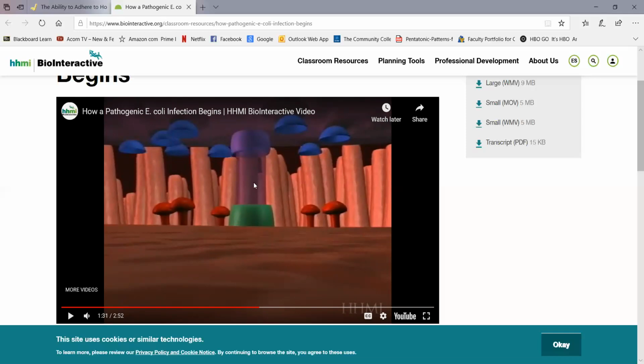So we think as the tube retracts from the type 3 secretion system, that pulls the bacterium down so that the adhesins, in blue here on the surface of the bacterium, can bind to adhesin receptors.